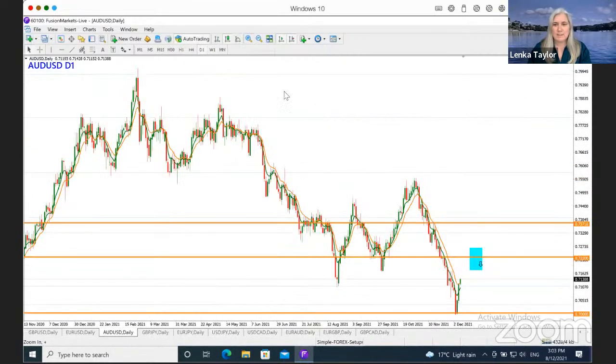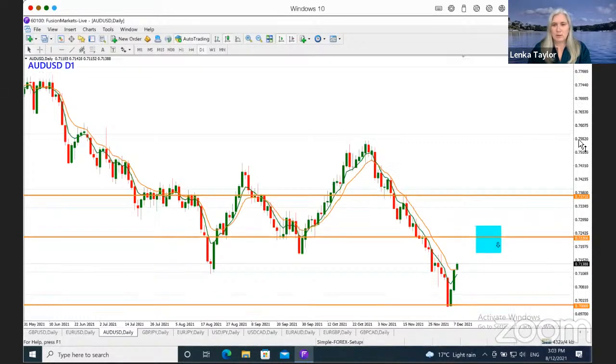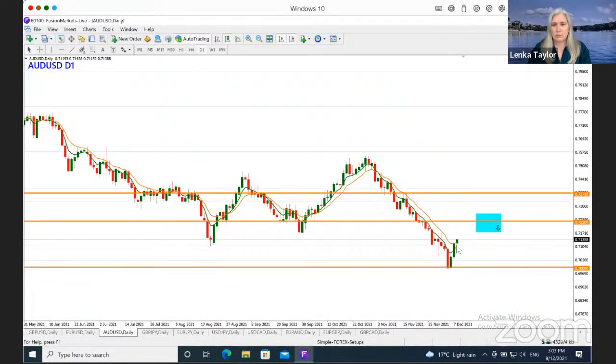So on the daily we might see a reversal there. I'm not yet convinced, so I'm going to wait. If I was to change direction, then I would need more confirmation than this. So at the moment, still looking for short this week. Next week, it might be a different story.